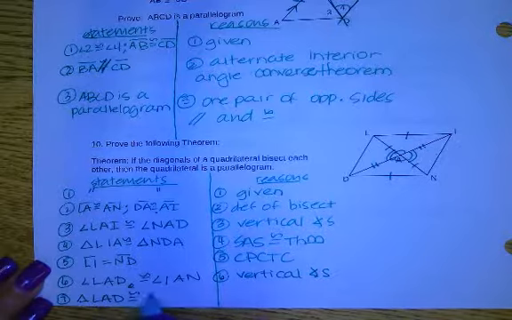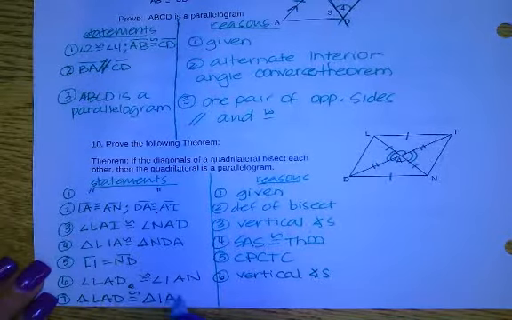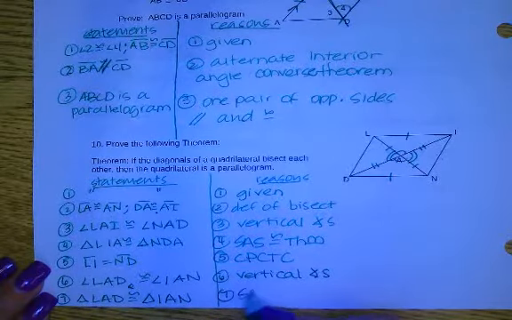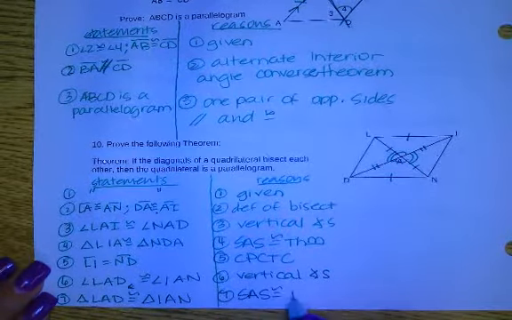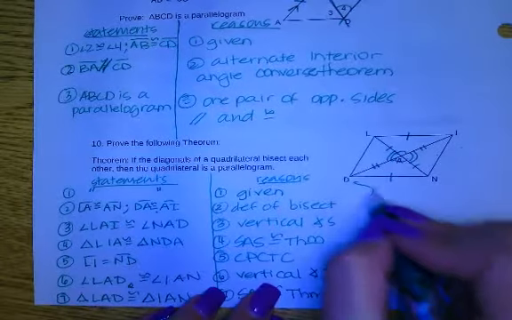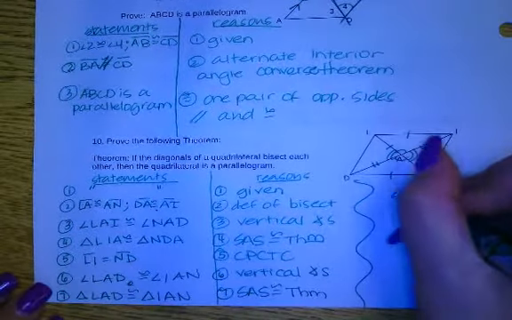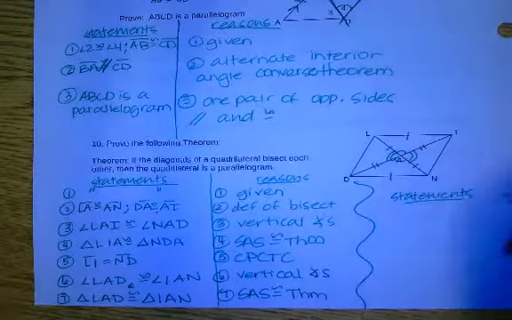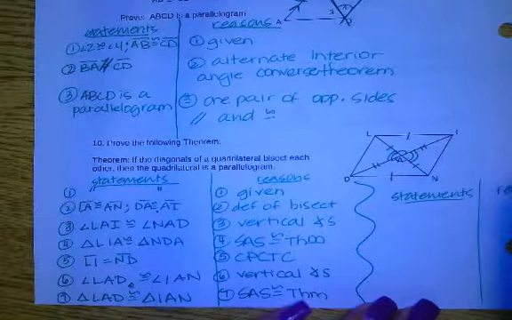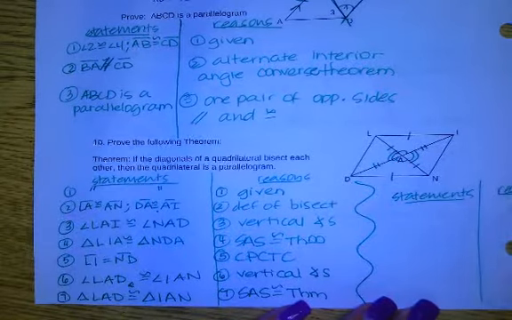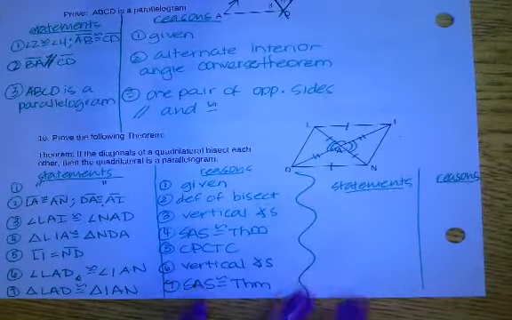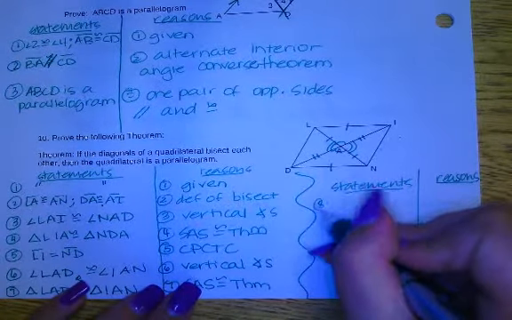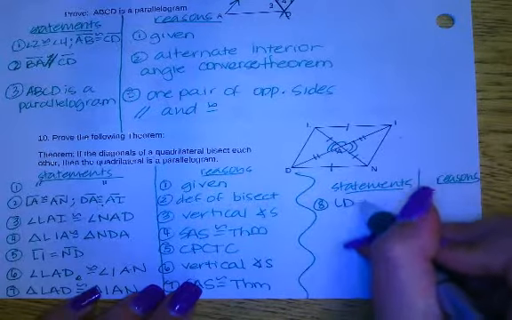And why is that? SAS. You can go that far. Okay. And then what, James? And then you got LD congruent to NI. Why?